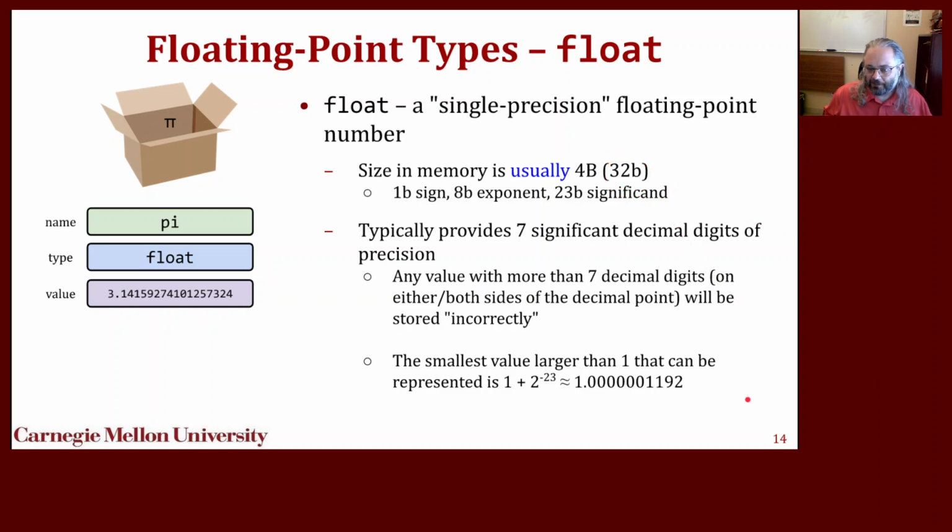As an example, to evaluate the number of significant digits that you can represent, people will often ask, what is the smallest value larger than 1 that can be represented? This is essentially showing 7 significant figures. We can't correctly represent any number between 1 and 1.00000001192, which is 1 plus 2 to the minus 23rd.